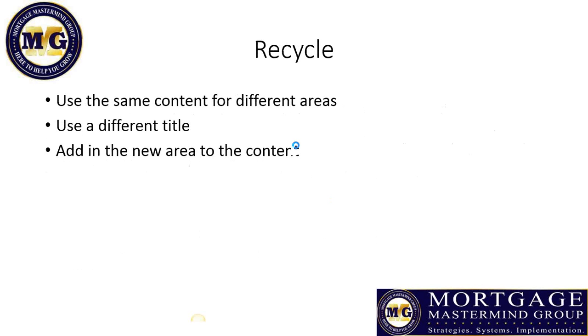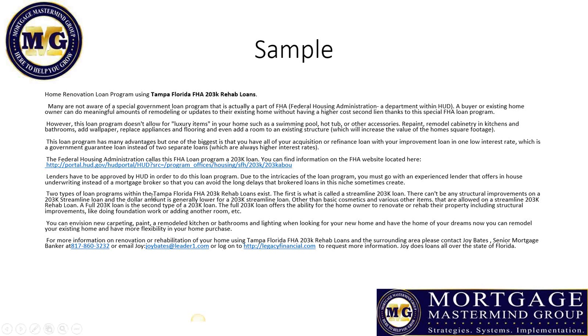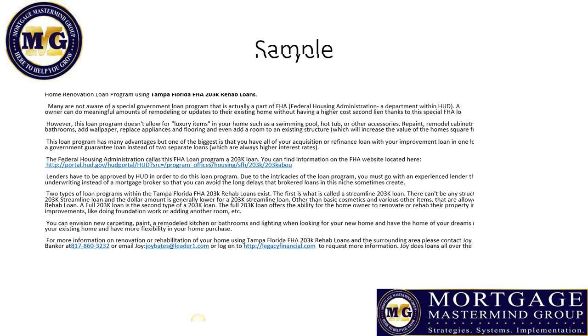That's all I changed. Two types of loan programs within the Tampa, Florida FHA 203K Rehab Loans exist. For more information on renovation or rehabilitation of your home using Tampa, Florida FHA 203K Rehab Loans and the surrounding area, please contact boom, boom, boom.